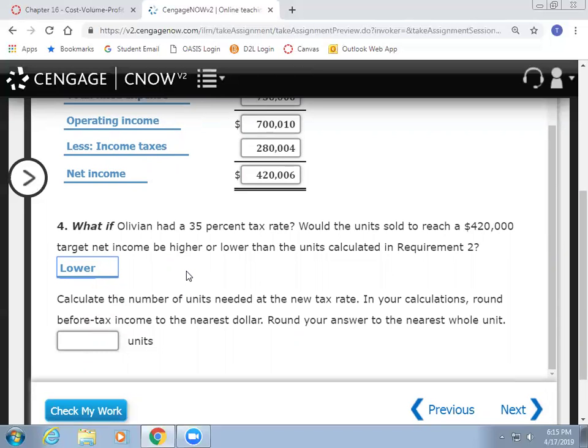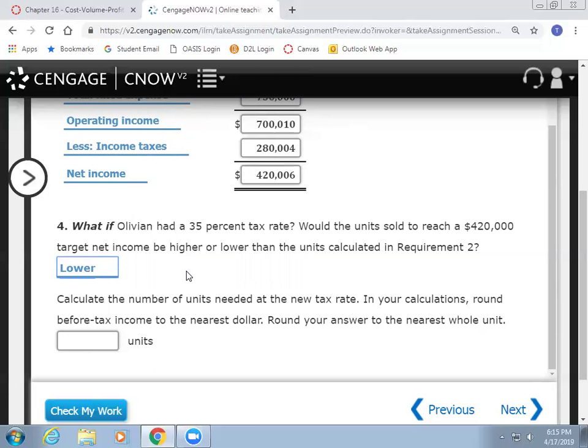Always fun, right? So that's a two-step process there. We have to calculate our pre-tax income again, or before tax income, and then you calculate the units. It looks short, but it's really kind of lengthy, right?